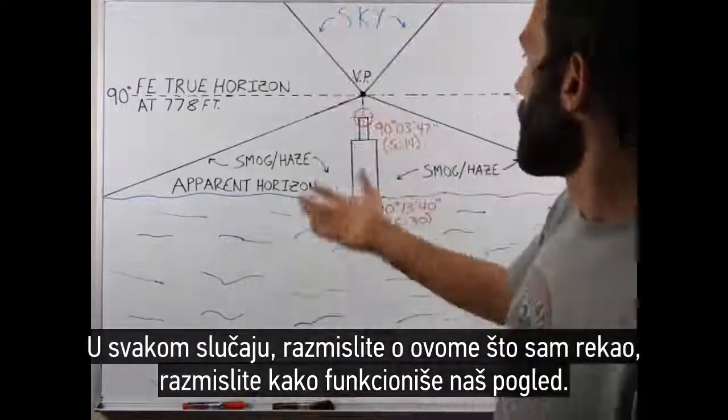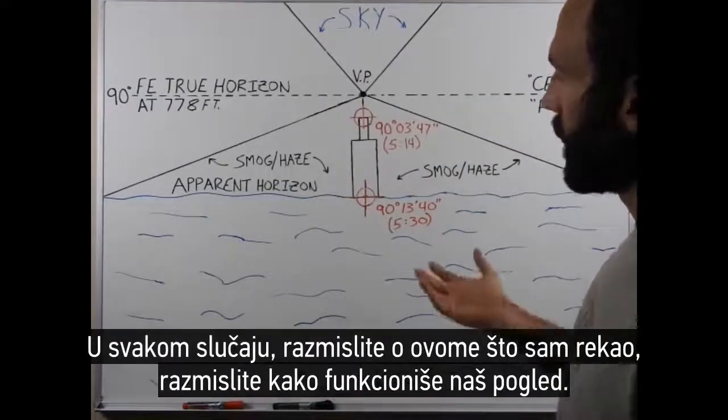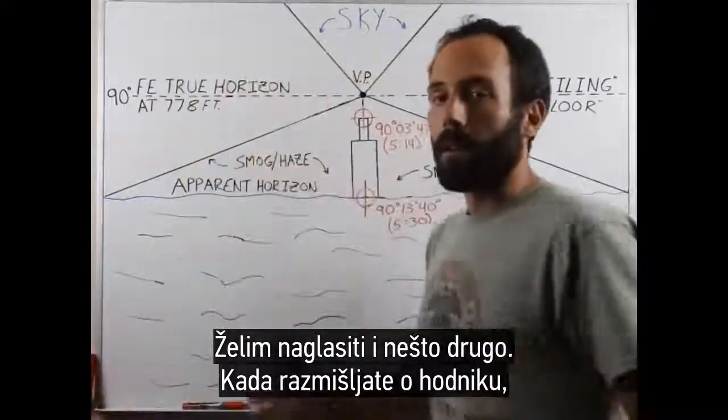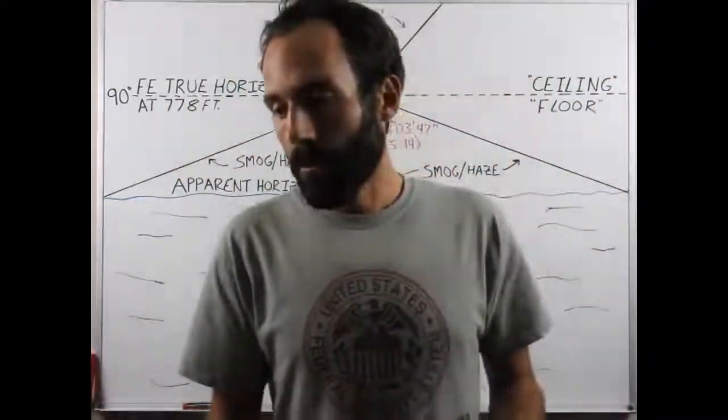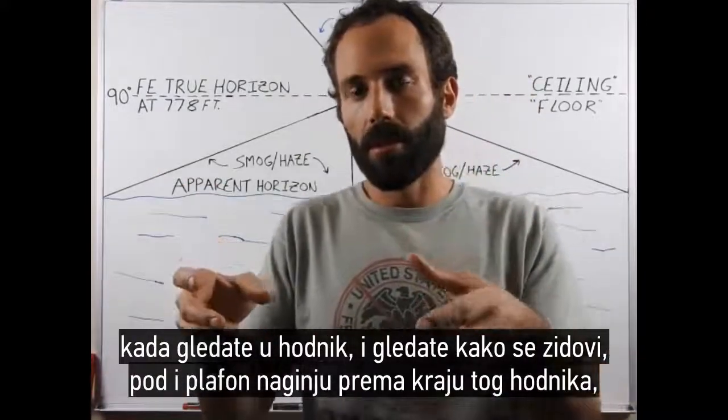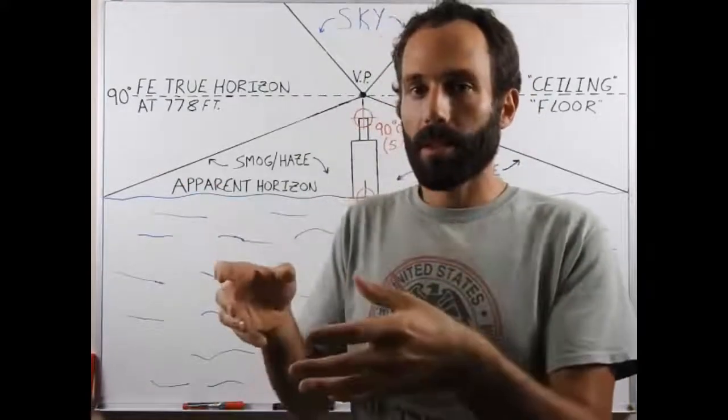However, consider what I said here. Think about how our vision works. Something else I want to point out is when you think about that hallway, when you're looking down the hallway and you're seeing all the walls and the ceiling and the roof slope towards the end of the hallway, right? You're seeing that.